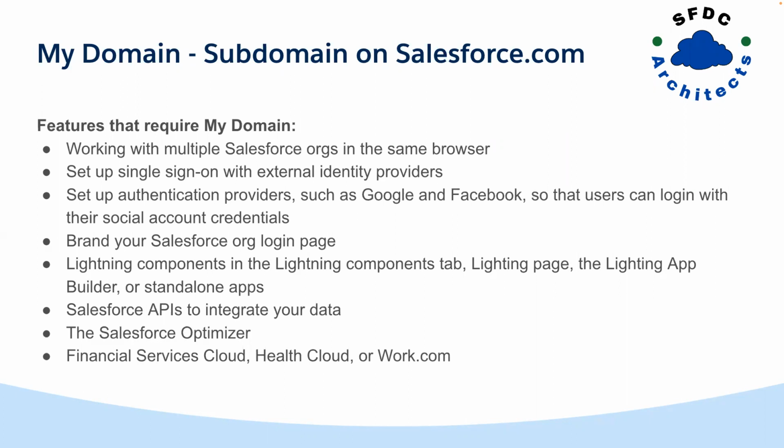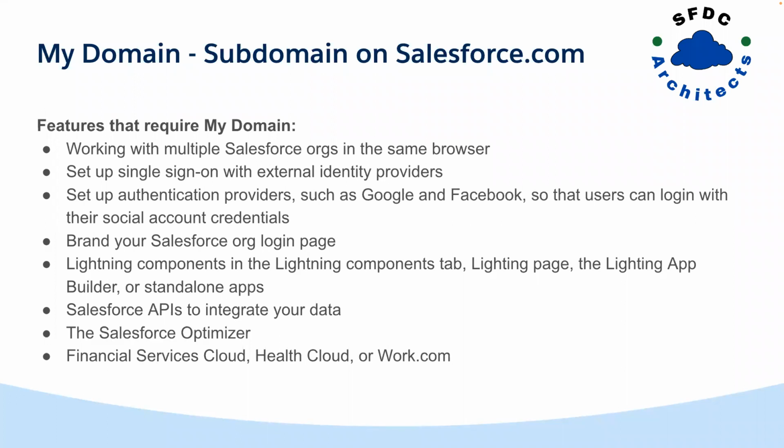Features that require my domain name are if you want to work on different Salesforce orgs in the same browser, you need to use my domain name. I don't know how many of you have multiple orgs that you're working with in one company, but I know we do. And so that's very helpful. Also, when I'm testing between sandboxes and I want to be in different environments all in Chrome, it's very, very useful. If you're doing any kind of authentication providers, those social sign-ons I was talking about for Google and Facebook, you need to have my domain name enabled.